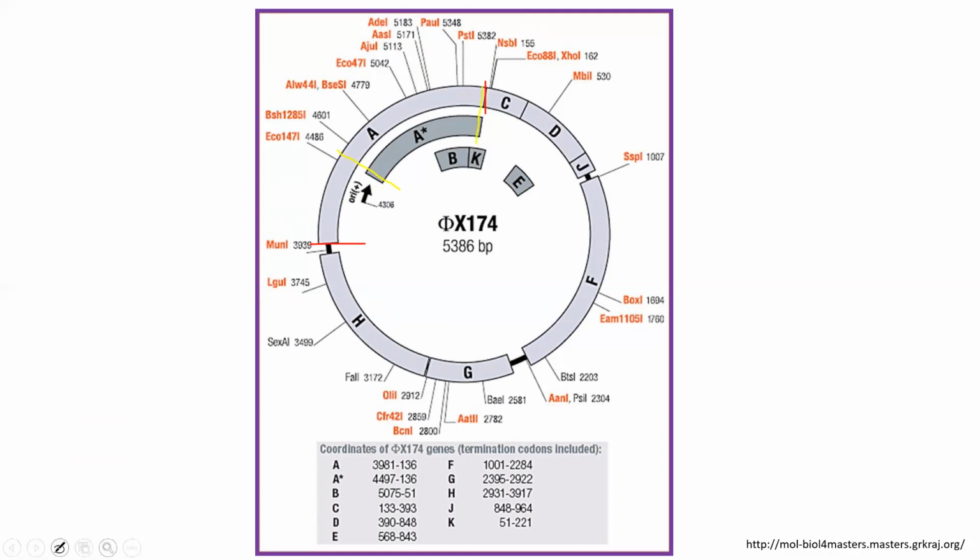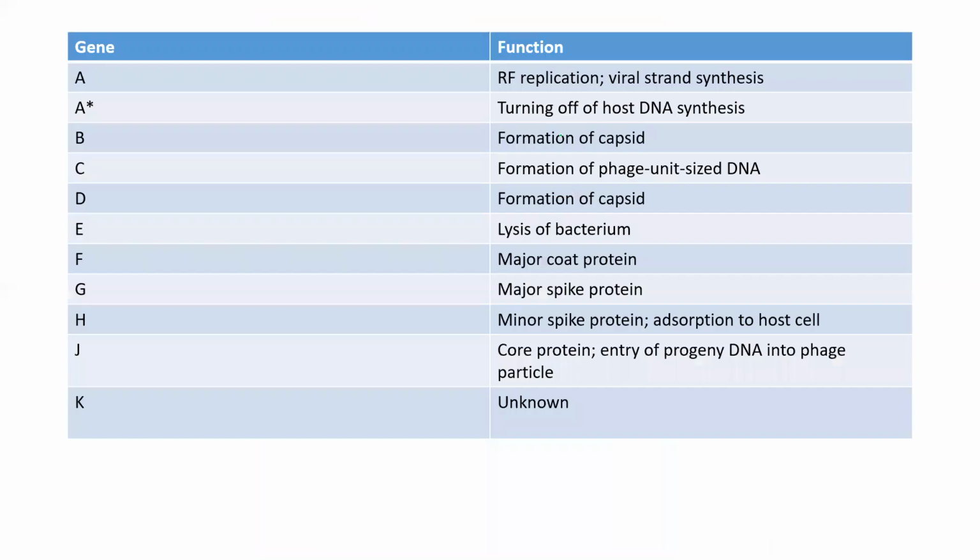Then the gene B also is within gene A. It's a very small gene, so the gene B starts here and ends here. The gene K starts near the end of gene A and runs into gene C. Gene E is also within gene D. These are the 11 genes and these are their functions.